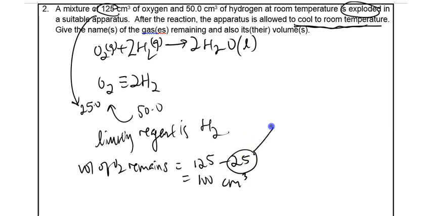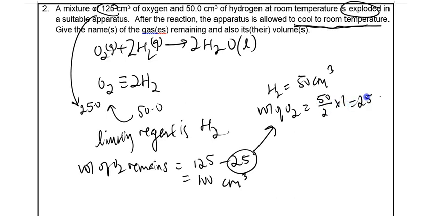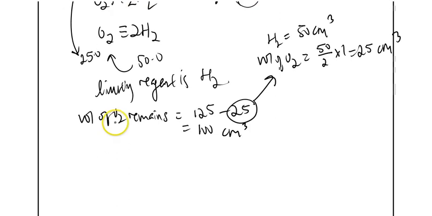It's because we know that H2 is 50 cm3, so the volume of O2 which reacted is 50 divided by 2 times 1, which is 25 cm3. So I have 100 cm3 O2 which remains. Is there any H2O remaining? No, because this is a liquid and they only want the gases. So the answer is simply O2 and 100 cm3.